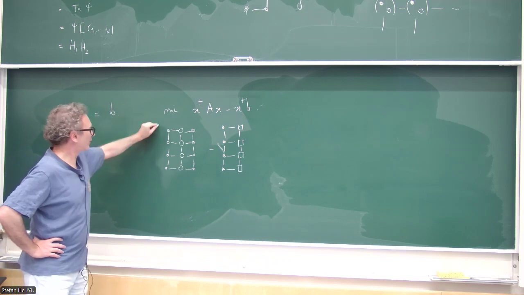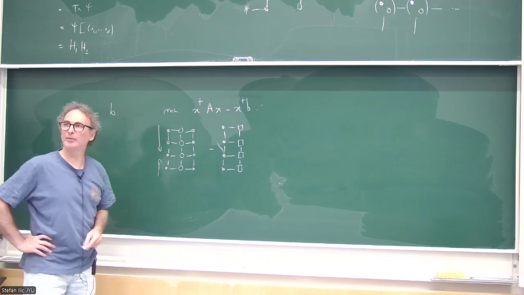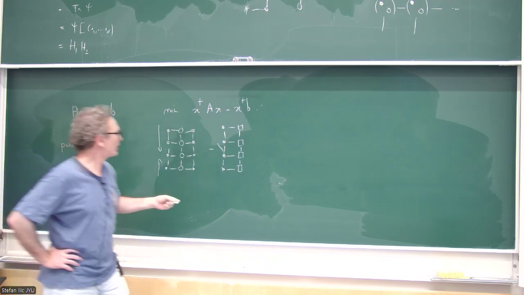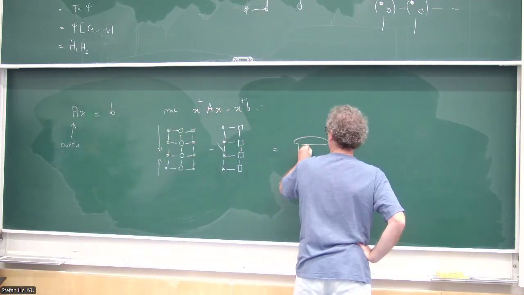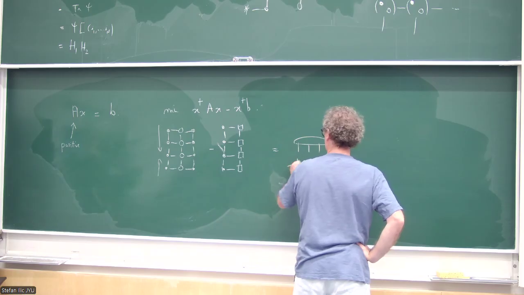You sweep, let's say we are working on this guy, you put it in canonical form, you contract all the rest, and then you get this is equal to something like that.